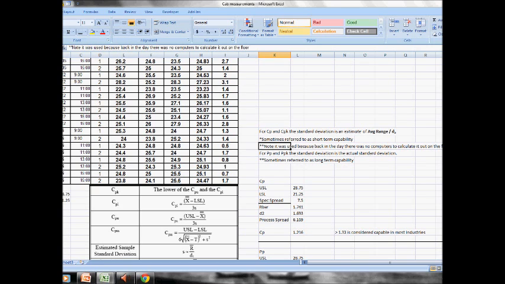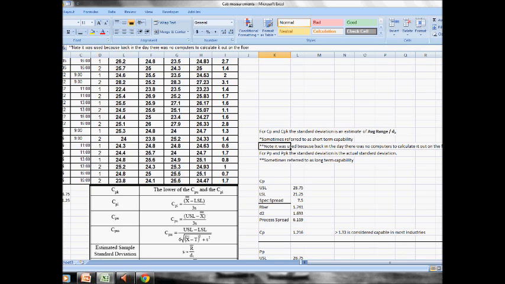Well, back in the day, there were no computers. If you ever had to calculate standard deviation by hand, it is not fun at all. So when you're out on the floor, it was easy to just take a number and divide it by the D2 constant versus actually calculating standard deviation.